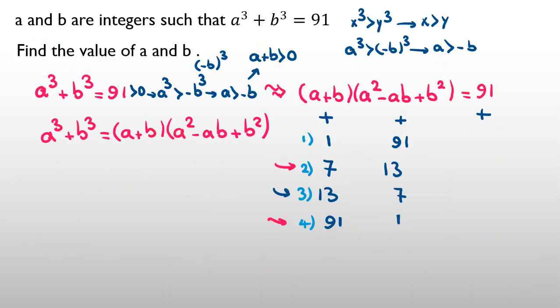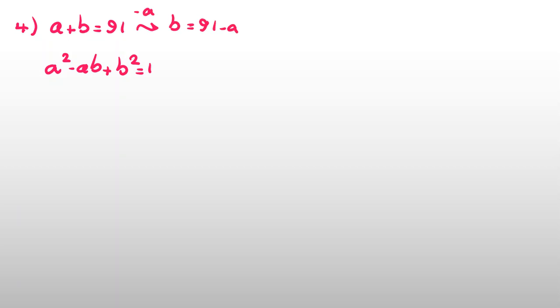The last one, the fourth one, 91 and 1. So a plus b is 91, and a squared minus ab plus b squared is 1. So here I can say b equals, if we subtract a from both sides, 91 minus a. And if I replace it here, I will see a squared minus a times (91 minus a) plus (91 minus a) squared equals 1.